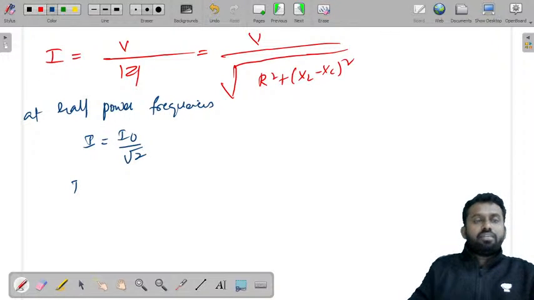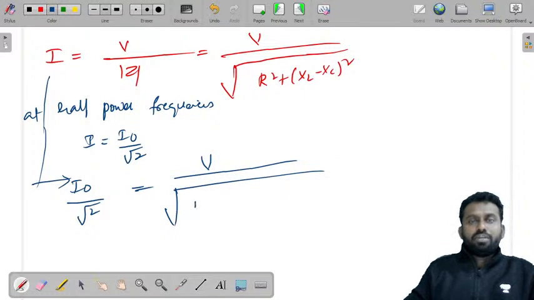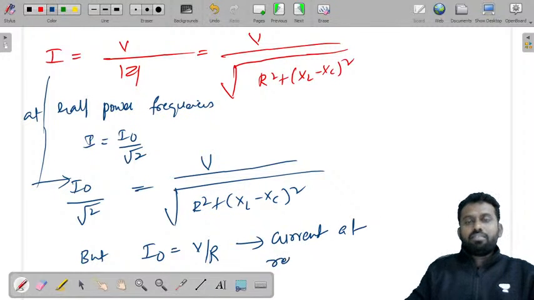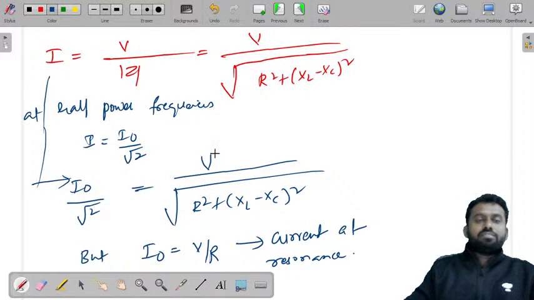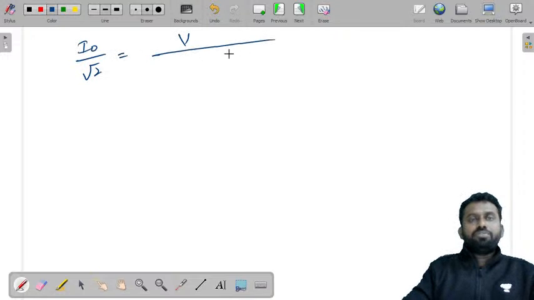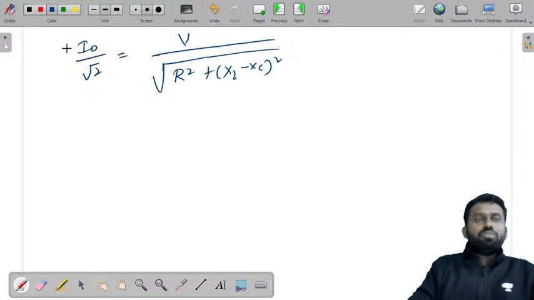Substituting that, I naught by root 2 is equal to V by under root of R square plus (XL minus XC) whole square.